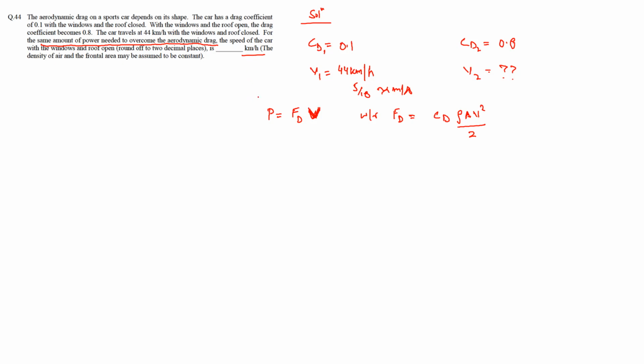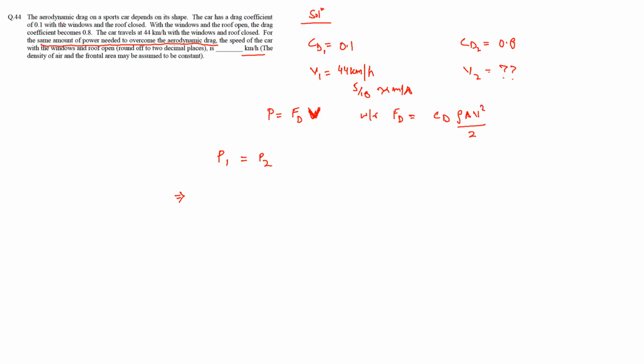In this question we will be doing P1 equal to P2, and then all the other units get cancelled out. So you can actually keep velocity in kilometers per hour. But let's just see how to solve this.